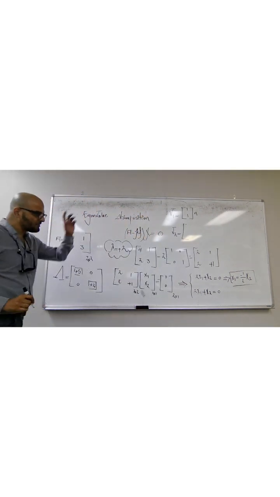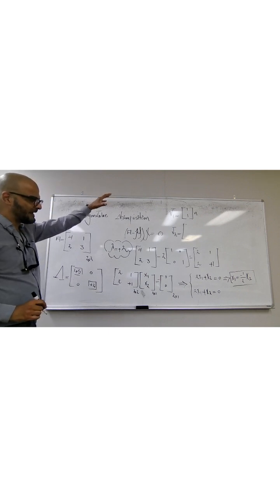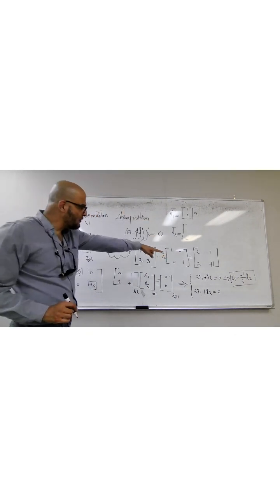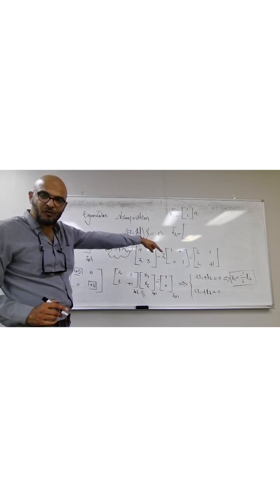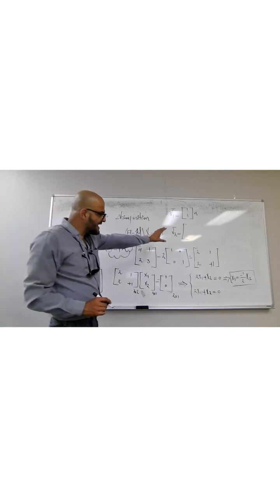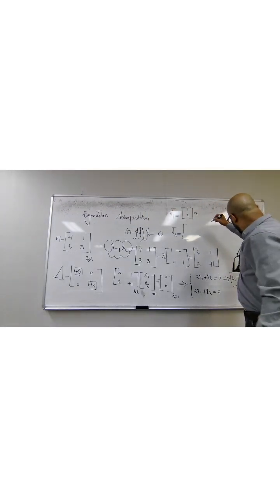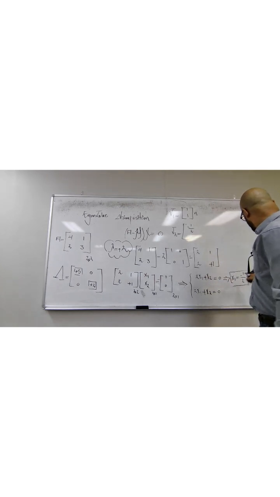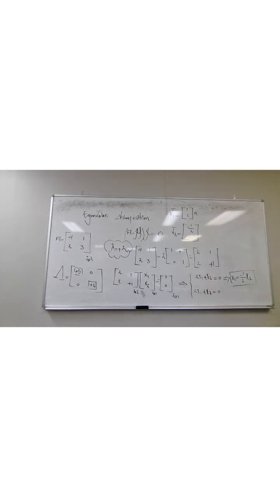For the case that we have over there, you see that for x1 we have minus 1 over 2 x2. In that case, if I have minus 1 over 2 for x1, then x2 becomes 1. This is going to be the second eigenvector that we had over there.